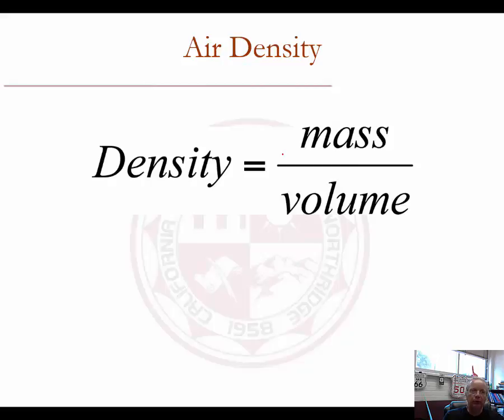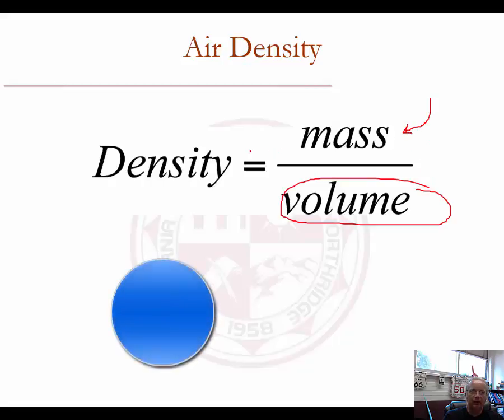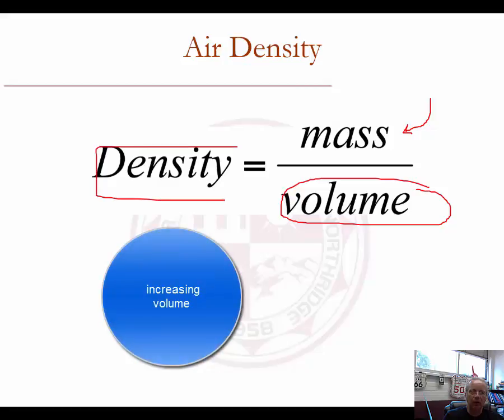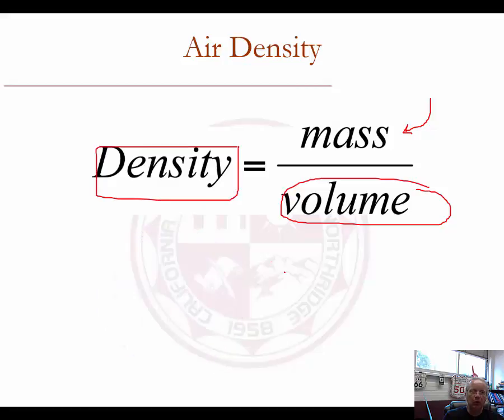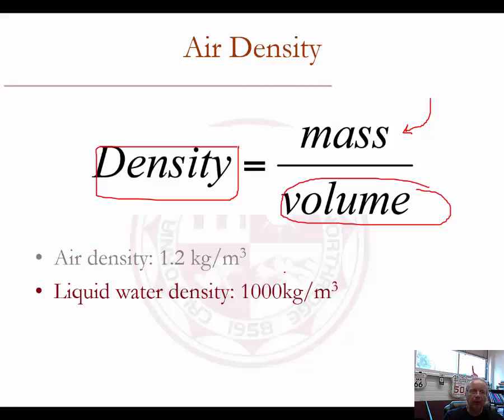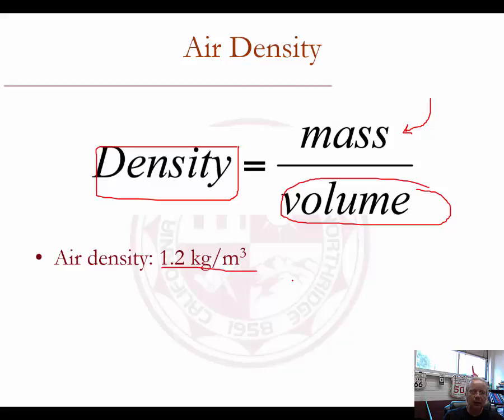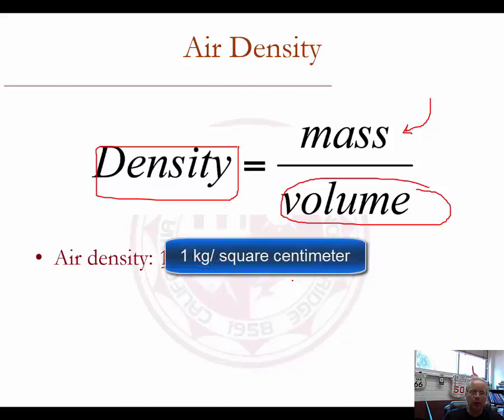The more you pump into a basketball, the more mass and the more density. The air molecules are much more crammed into the basketball when you pump it up. On average, air has a density at sea level of about 1.2 kilograms per cubic meter.